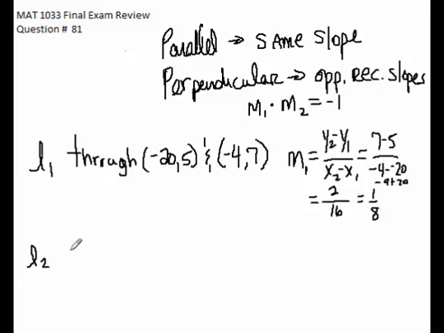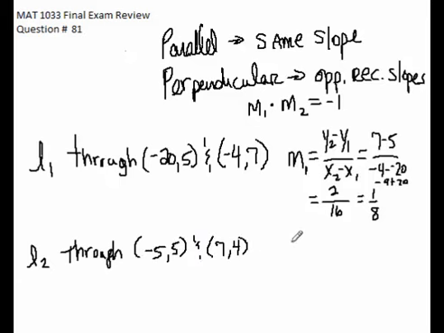Then we identify the slope of line 2. Again, we're given the 2 points that the line passes through. -5, 5 and 7, 4 are the 2 points that we're going to find slope 2 using the same formula. 4 minus 5 over 7 minus -5 is going to give us -1 over 12.